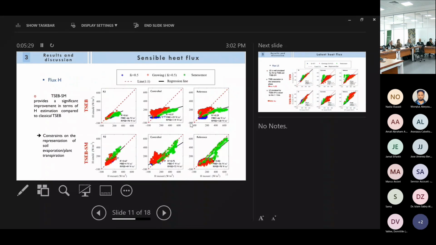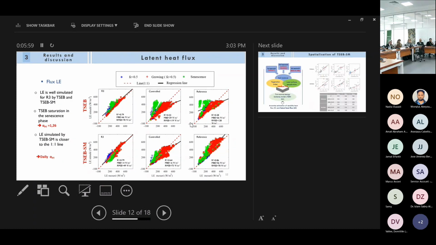Okay, here we arrive at the results of this variation of alpha PT and the soil resistance that we calibrated on turbulent fluxes. We start with the sensible heat flux. We see a significant improvement of the results of TSEB compared to the classical TSEB, because of the improvement we made in the soil resistance and in the alpha PT coefficient.